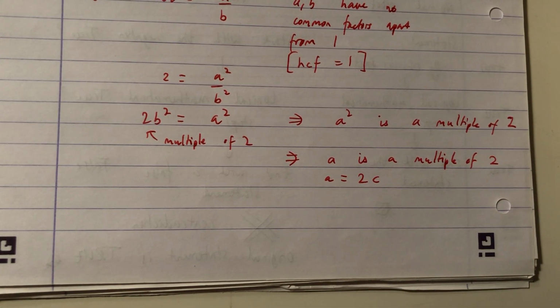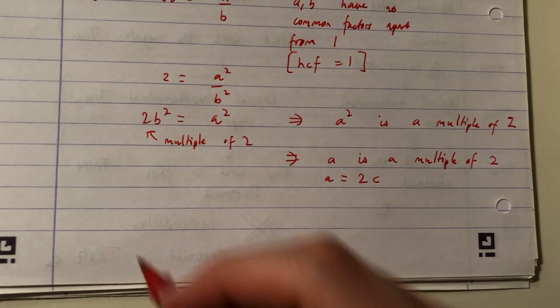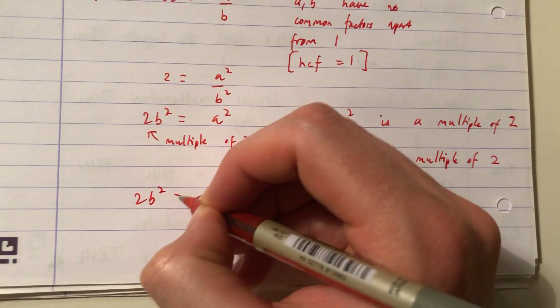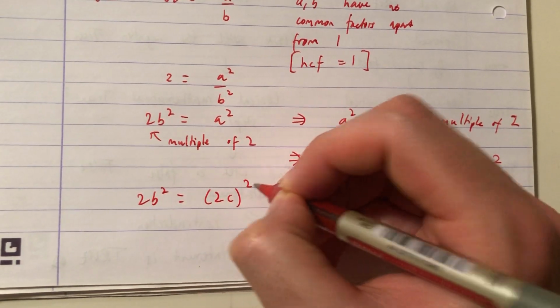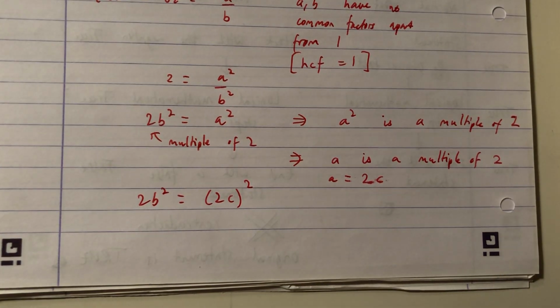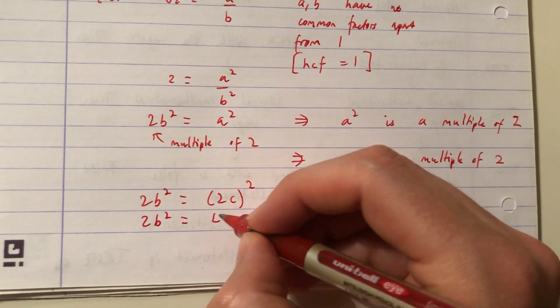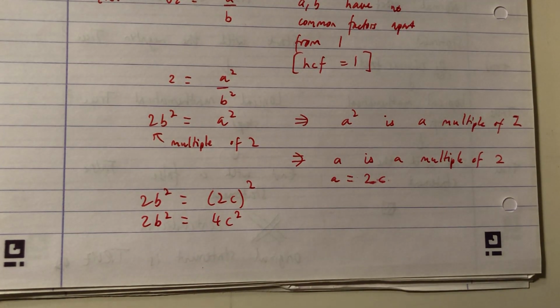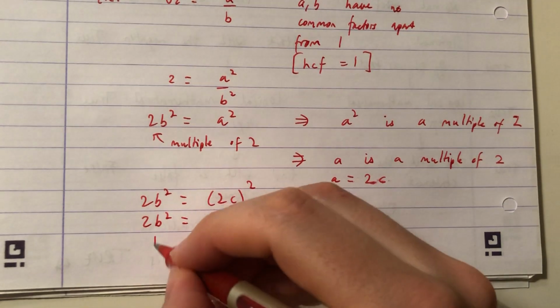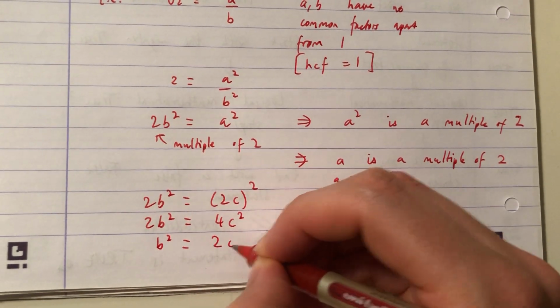A logical thing to do next would be to substitute that into the original equation. So we would have 2b squared equals 2c squared. A logical thing to do would be to expand and simplify, and divide by any common factors. b squared equals 2c squared.